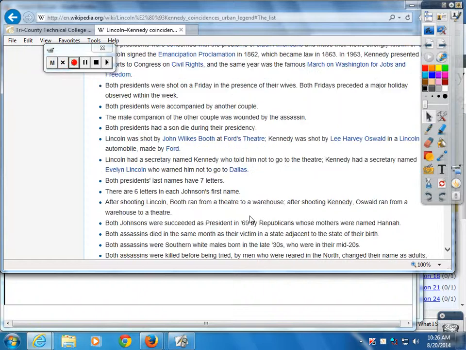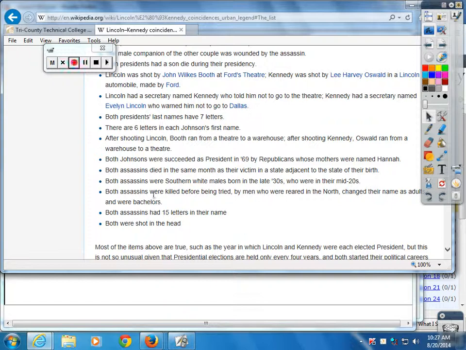After shooting Lincoln, Booth ran from the theater to a warehouse. After shooting Kennedy, Oswald ran from a warehouse to a theater. Both Johnsons succeeded as president. Both assassins died in the same month. Both assassins were Southern white males. Both assassins were killed before being tried.